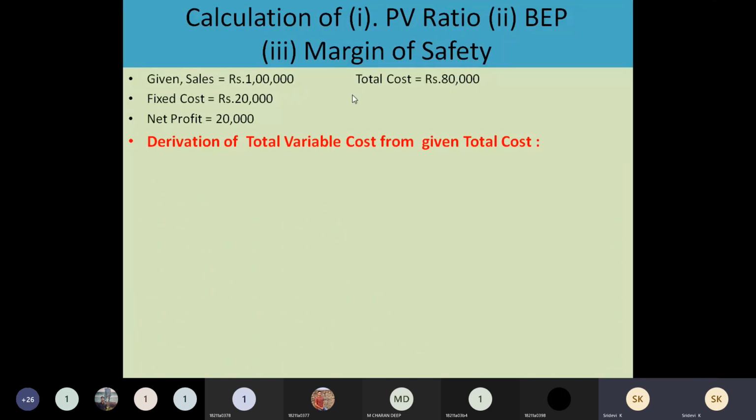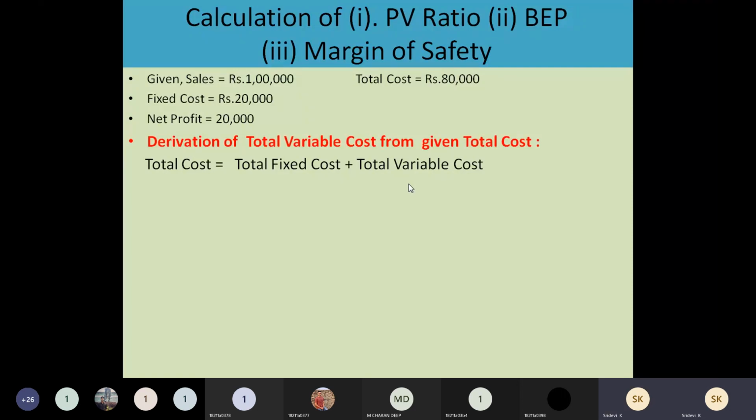So which was given here. So total cost formula, you know what is the formula to calculate the total cost. So total cost is equal to total fixed cost plus total variable cost. No? So this formula you use to derive the variable cost.